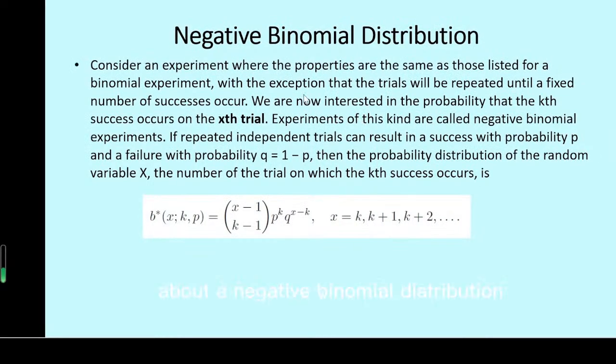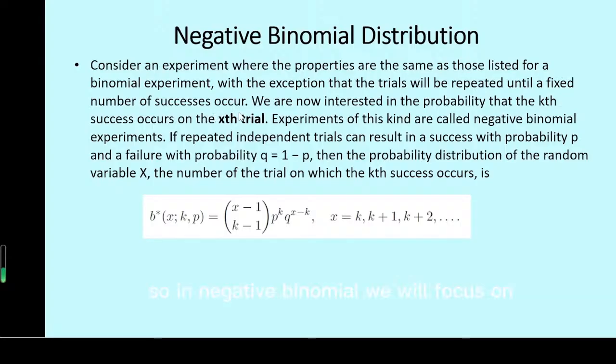Now we will talk about the negative binomial distribution. The negative binomial experiment is repeated, which means it has a constant success rate. Consider an experiment where the properties are the same as those listed for a binomial experiment, with the exception that the trials are repeated until a fixed number of successes occur.